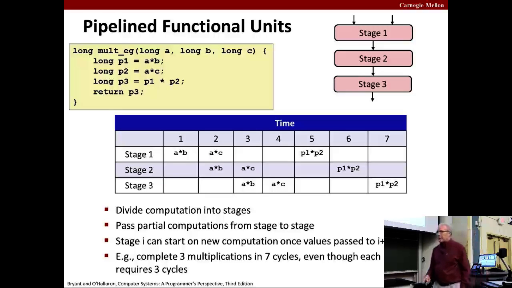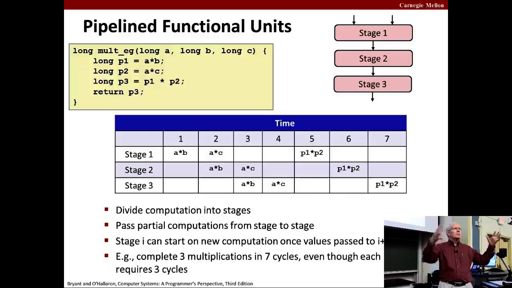The other thing is those functional units are more complex than you might think, in that they have what's called pipelining. The idea of pipelining is, imagine you can break up a computation into a series of distinct stages. A simple example is if you want to compute a times b plus c, you first do the times and then you do the plus. But it actually gets deeper than that.